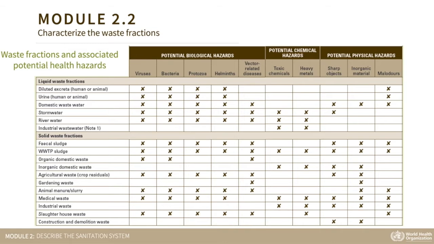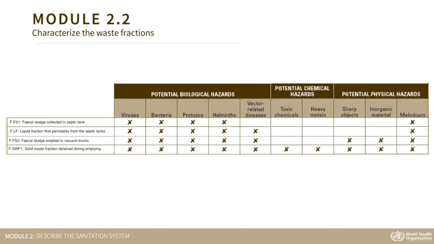For instance, domestic wastewater potentially presents biological hazards such as viruses, bacteria, protozoa, helminths, and vector-related diseases. It can also contain physical hazards such as sharp objects, inorganic materials, and odors. Here you can see how the characterization was done for some of the waste fractions identified in our example.